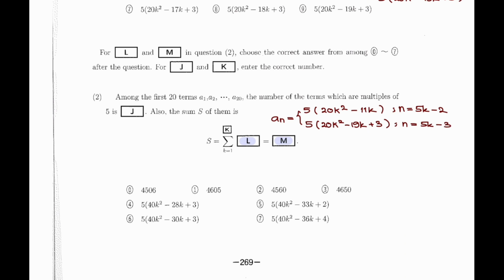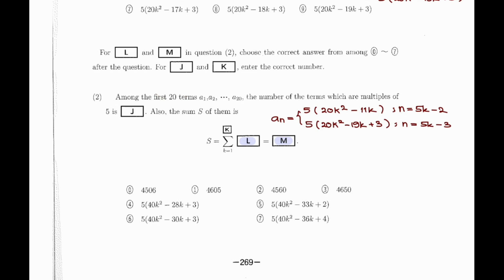I need to find the number of terms which satisfy the value of n. My n is 20. So how many values of k can we obtain for the first 20 terms?